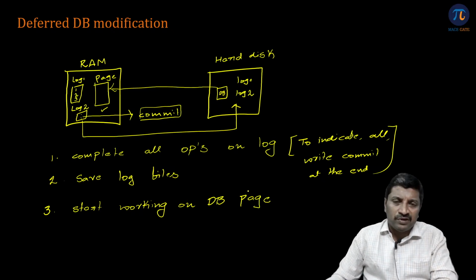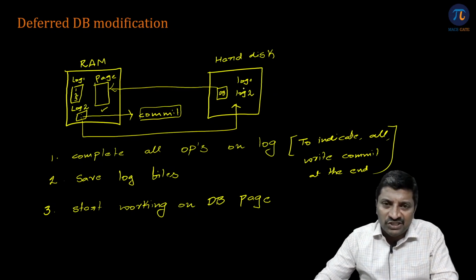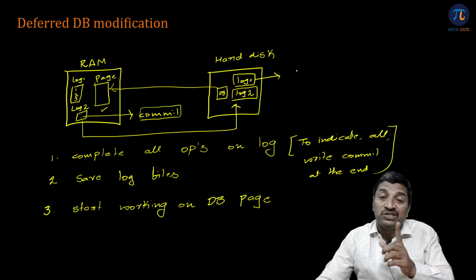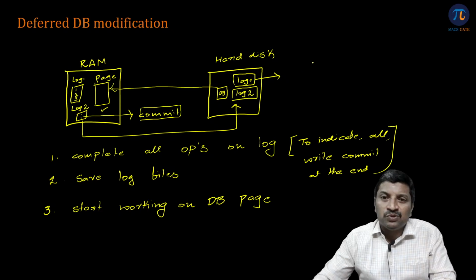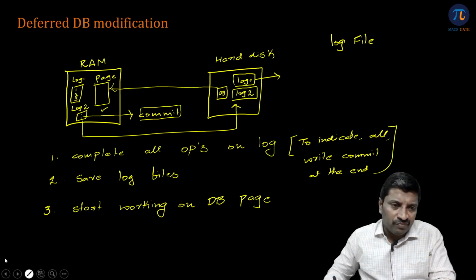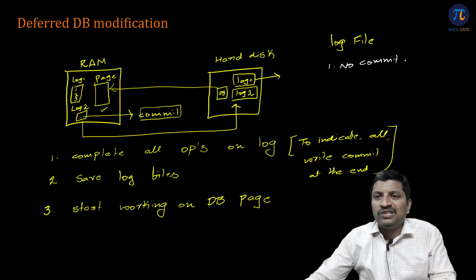This is the story, right? Suppose the transaction is very lengthy, so then I save log1 file, log2, log3, like that. In this log1 I don't have any commit because the transaction was not completed, right? So whenever there is a log file with no commit, what does it mean?